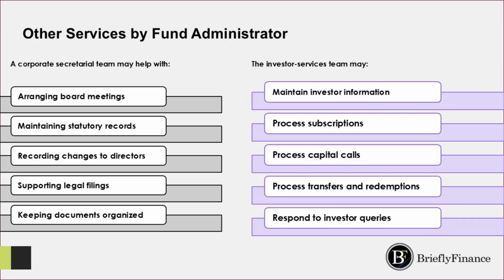On the other side, the investor services team may maintain investor information, process subscriptions, process capital calls, process transfers and redemptions, and respond to investor queries. Notice the difference. Fund accounting focuses on the numbers. Corporate secretarial work supports the legal and governance side. Investor services focuses on investor activity and communication. They may all support the same fund, but they are different types of work.